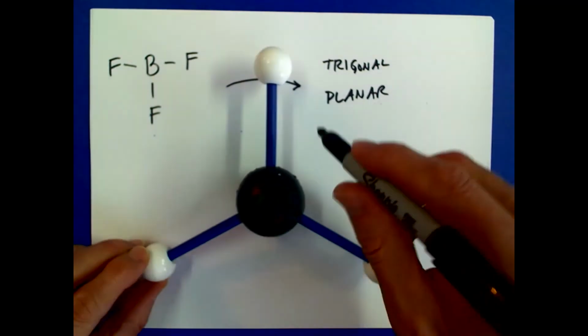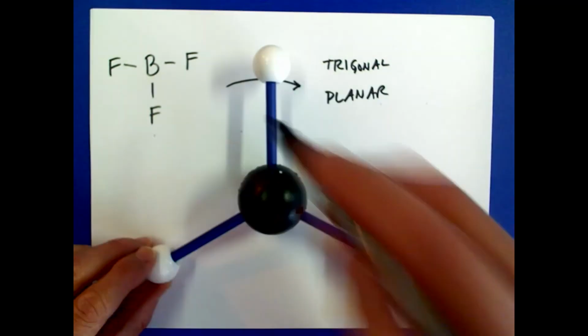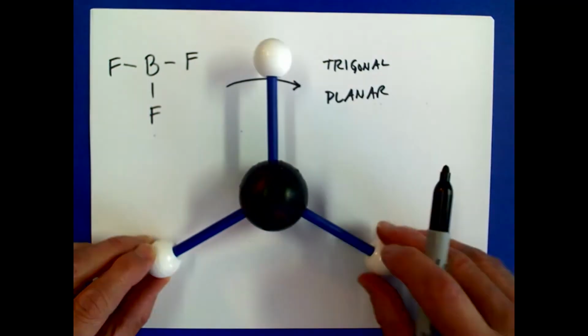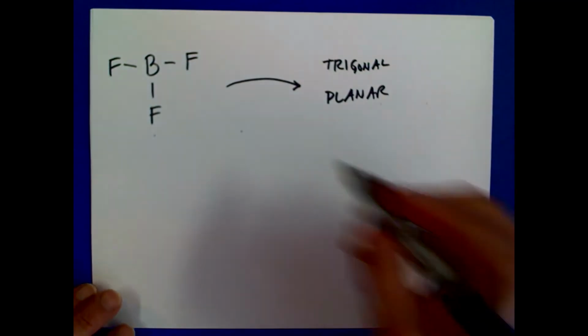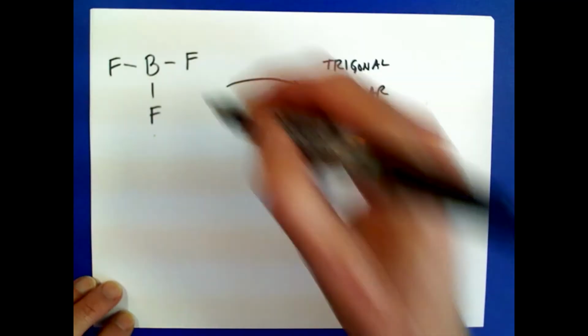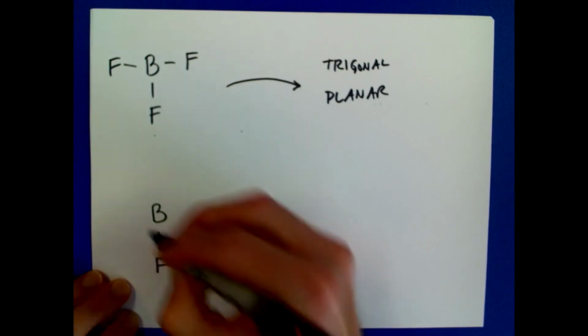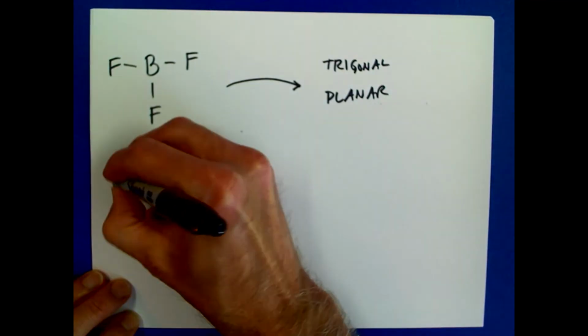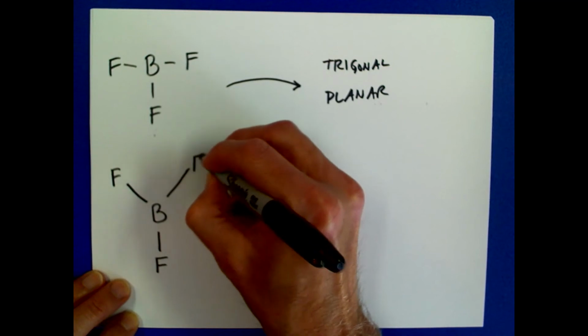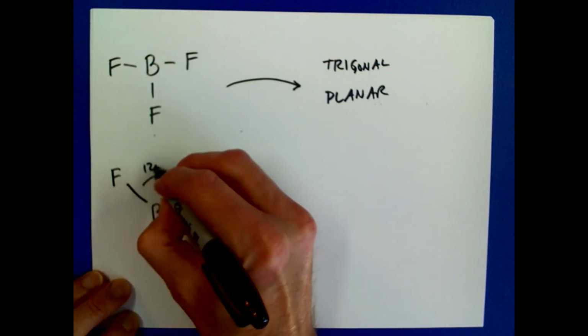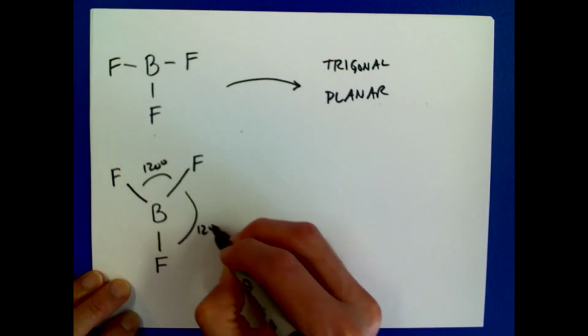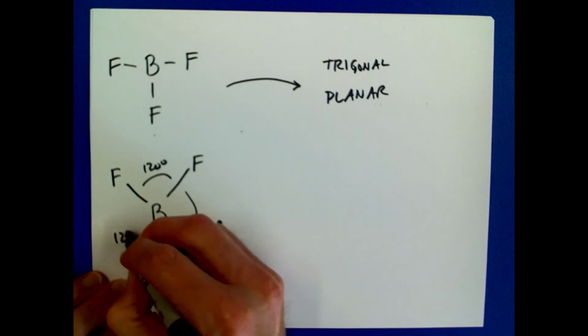All of the atoms lie in a plane with all of these being 120 degrees from each other. So while I may have drawn the Lewis structure like this, you better recognize that I need to know what the actual structure of the molecule is and try to indicate that as best as I can. In this case, 120 degrees, 120 degrees, and 120 degrees.